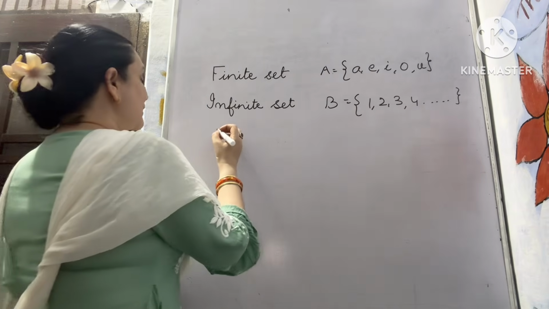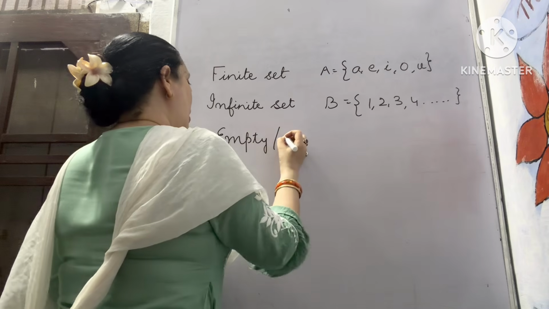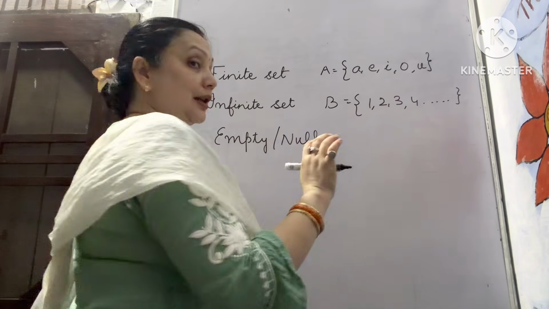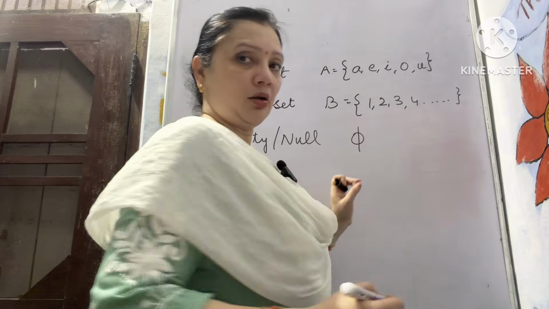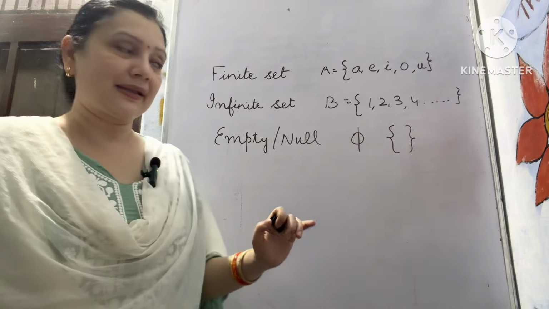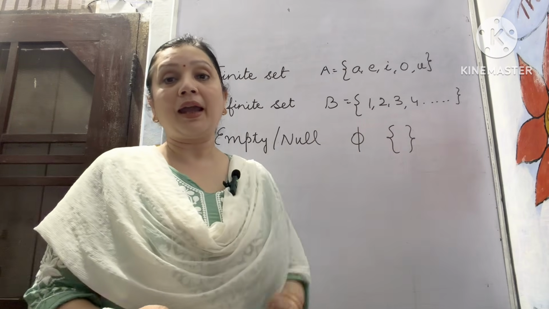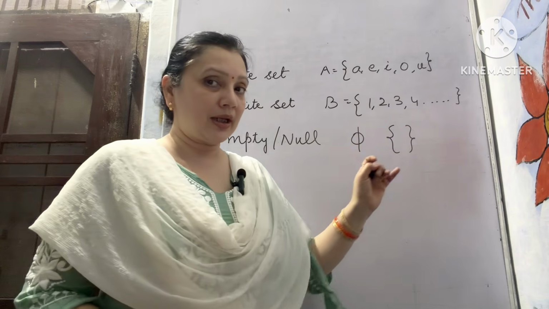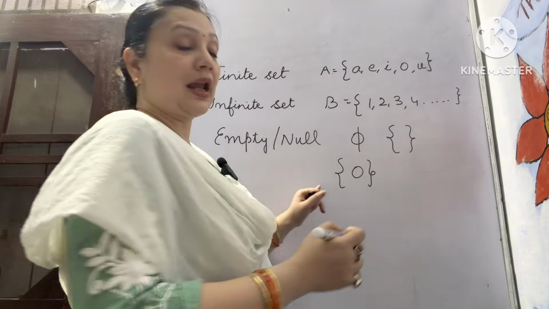The next is empty set. Empty set is also called null set and it has no element. It is represented by phi or an empty curly bracket sign. So either you represent it by phi or by curly brackets without any element written in the middle. This is not an empty set.